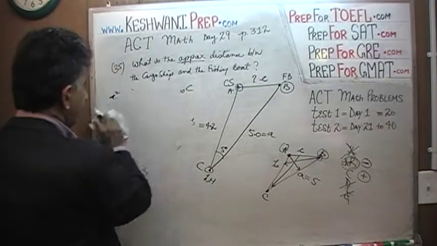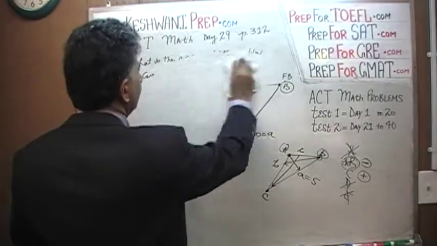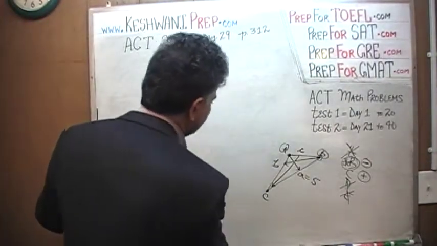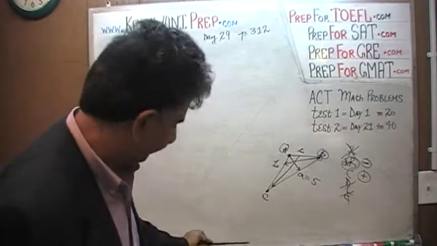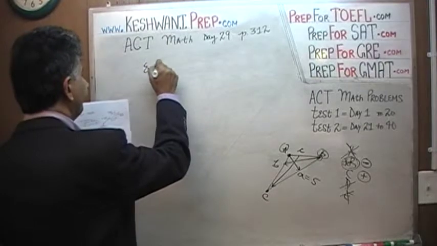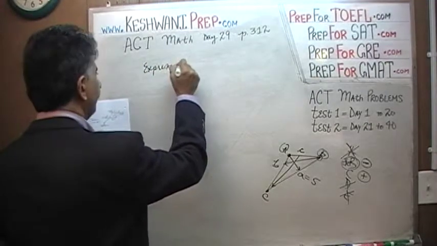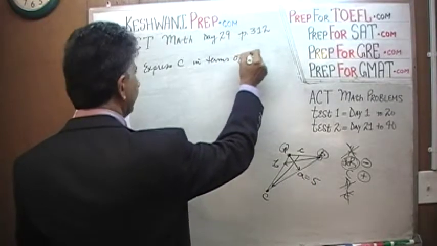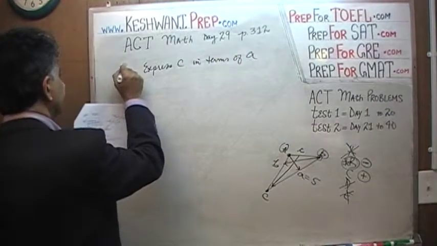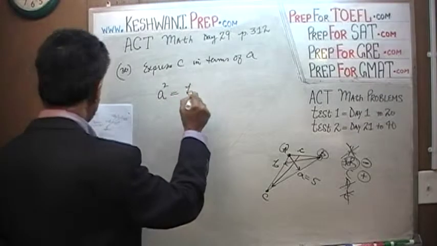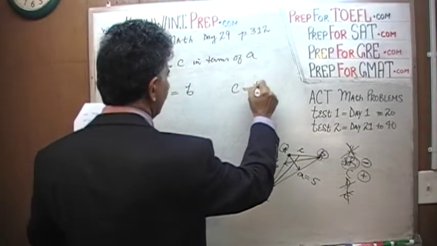Number 36. In number 36, we are asked to express C in terms of A. And A squared, we are told, is equal to B, and C, we are told, is equal to B squared.